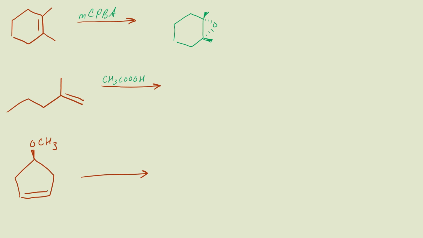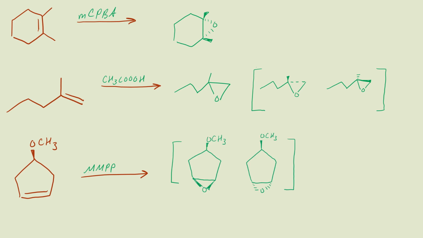This is going to give us a product that looks like this. There are actually two enantiomers that you can get from this, so the correct answer would be this. For the last one, we can add an oxidizing agent like MMPP. This is actually going to give us a pair of diastereomers that look like this.